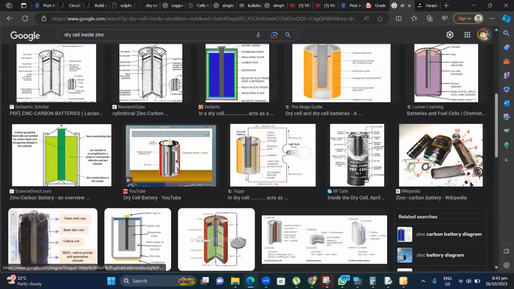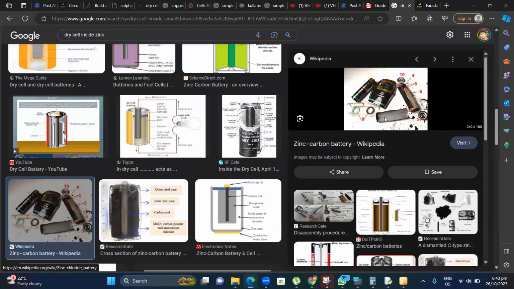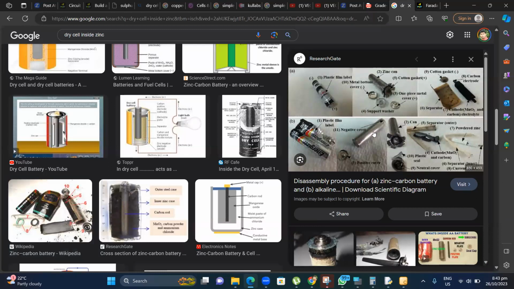When you remove the dry cell, the basic cover, inside that you can see this is aluminium basic cover. When you remove that, you can see this glass like, it's not this metal like thing. This is zinc, right? This is negative zinc. After removing this, you will see the zinc. That also you can use. Either that or you can buy zinc from a shop.